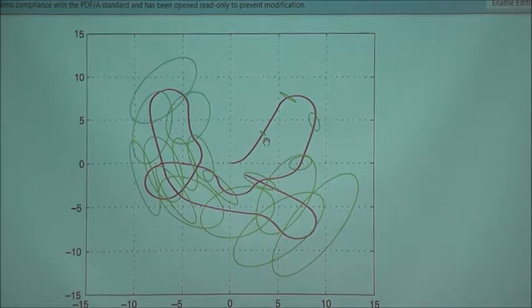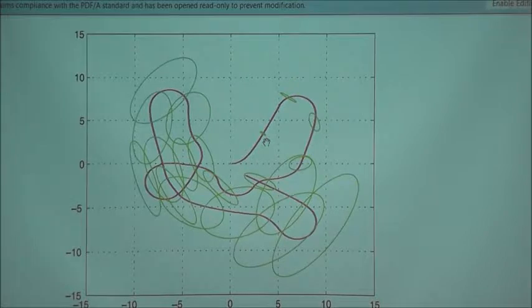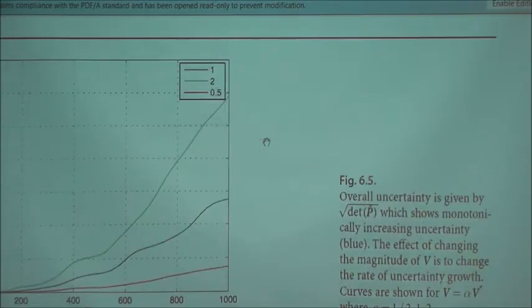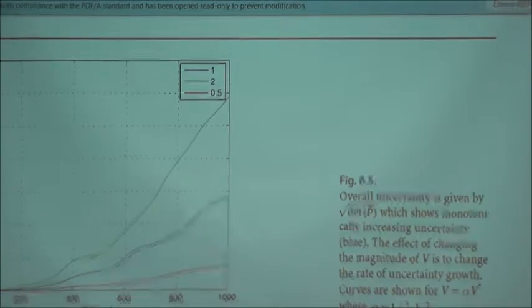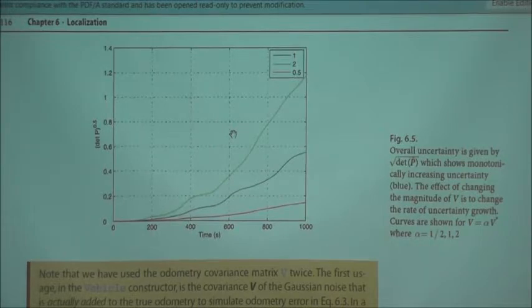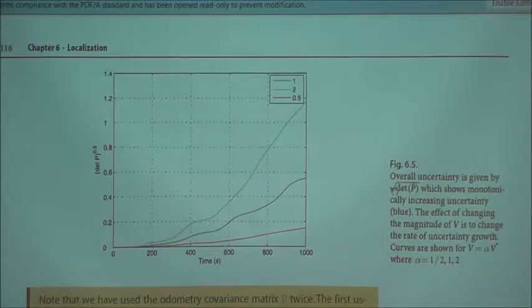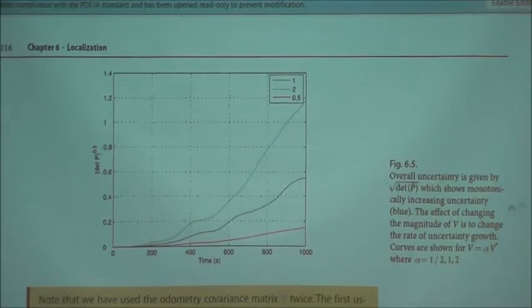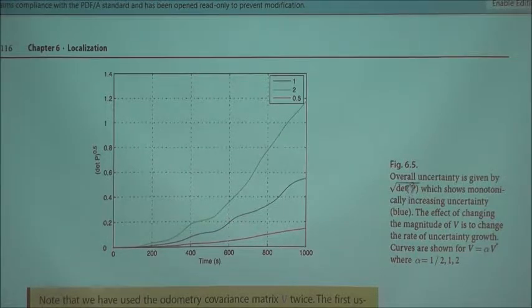Okay, now let me reduce this now back to this chart. This chart is the overall uncertainty, which is given by the square root of the determinant of the covariance matrix, which shows monotonically increasing uncertainty, which is the blue one.